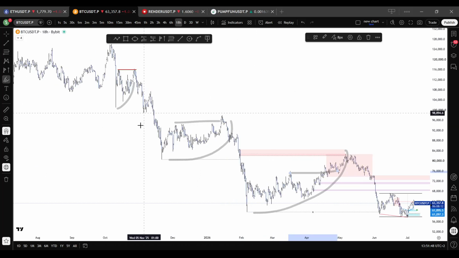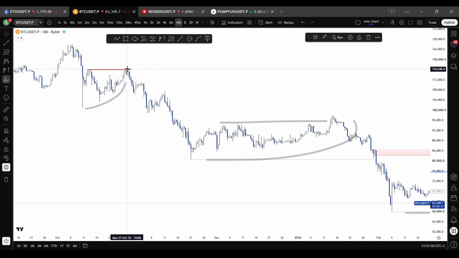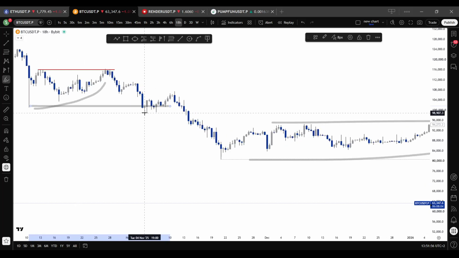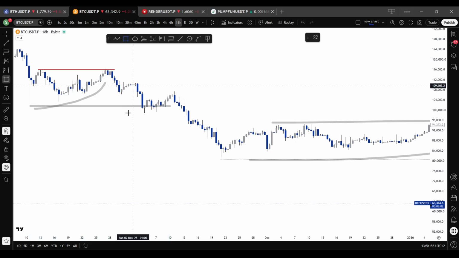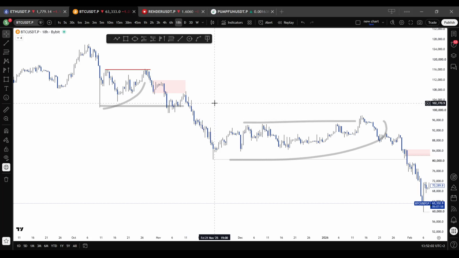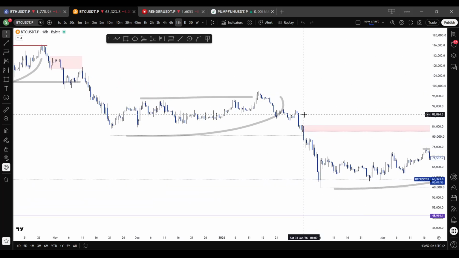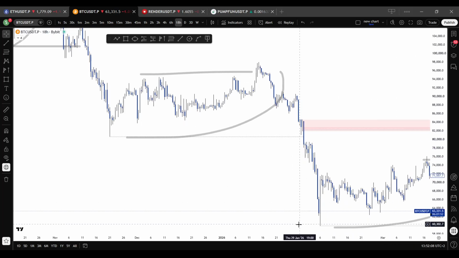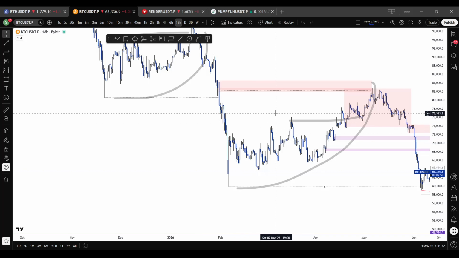The more important thing I want to talk about is what happens after we take out the range low. Here we pulled back into our supply and then started to continue the downtrend. Here we just smashed through our low and dumped all the way down to 59k.